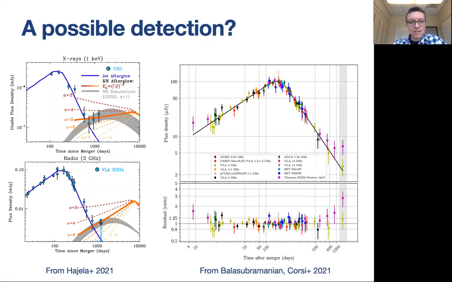One of the things that has been exciting for me in the past few months is a very tentative, but in principle possible, detection of something that looks like an afterglow. The observation, which you can see here from two different teams of observers plotting the same data, is that if we compare the current X-ray luminosity in 170817 to what we would expect from the jet alone, we find an excess.